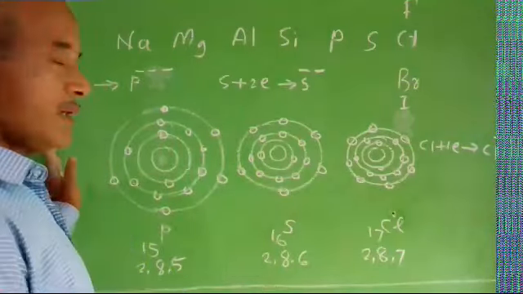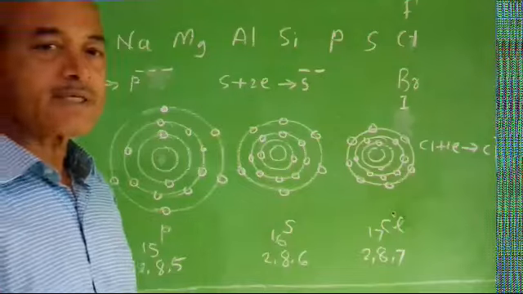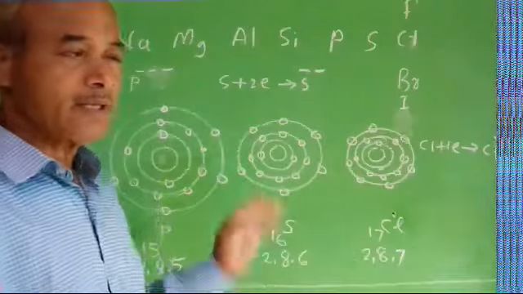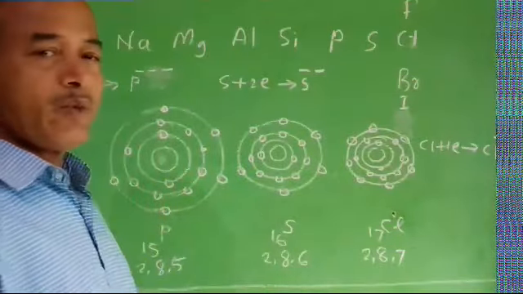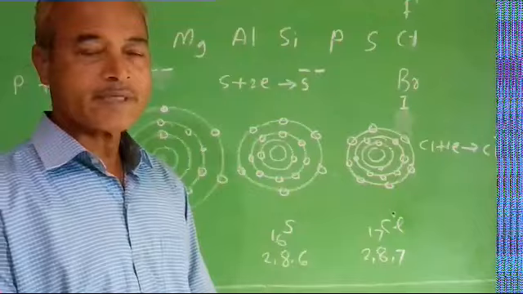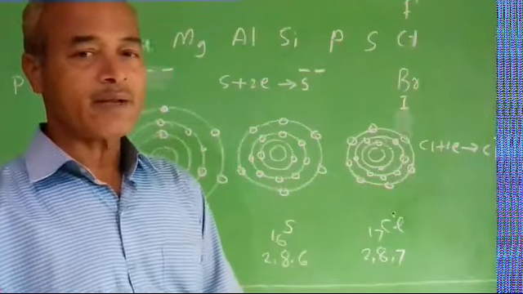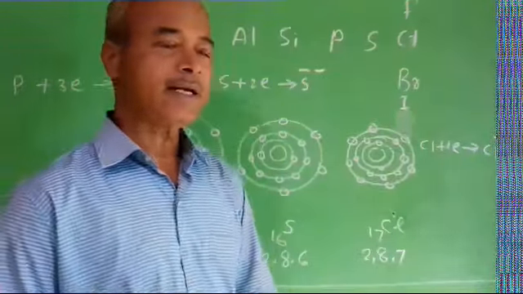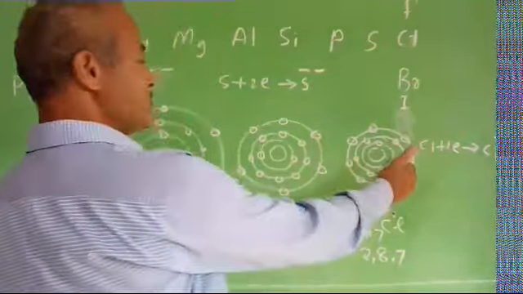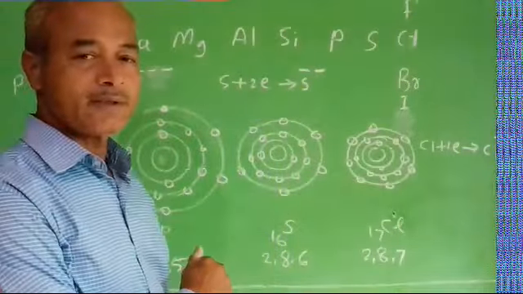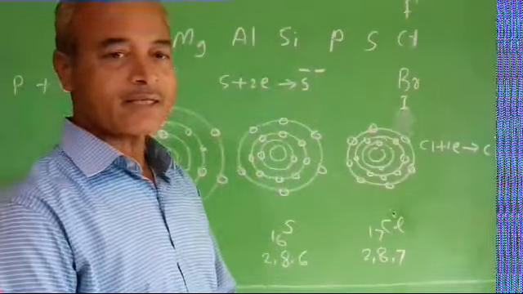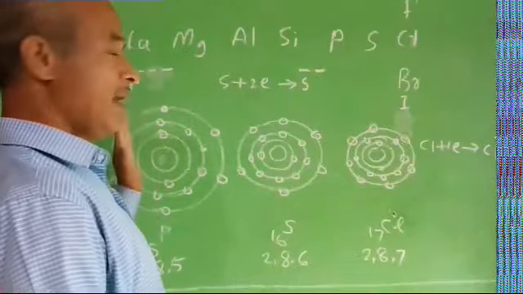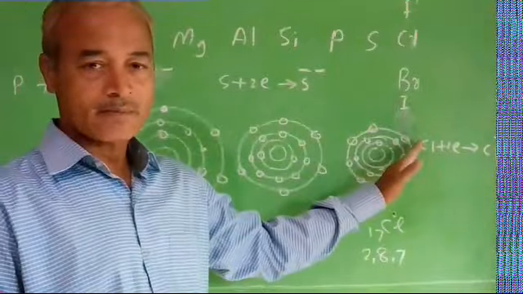If we go further, the element previous to phosphorus is silicon, a metal, right? Then before silicon is aluminium, also a metal, so it is still less non-metallic. So we see the non-metallic character is decreasing from right to left. Or in the opposite way, the non-metallic character goes on increasing from left to right.